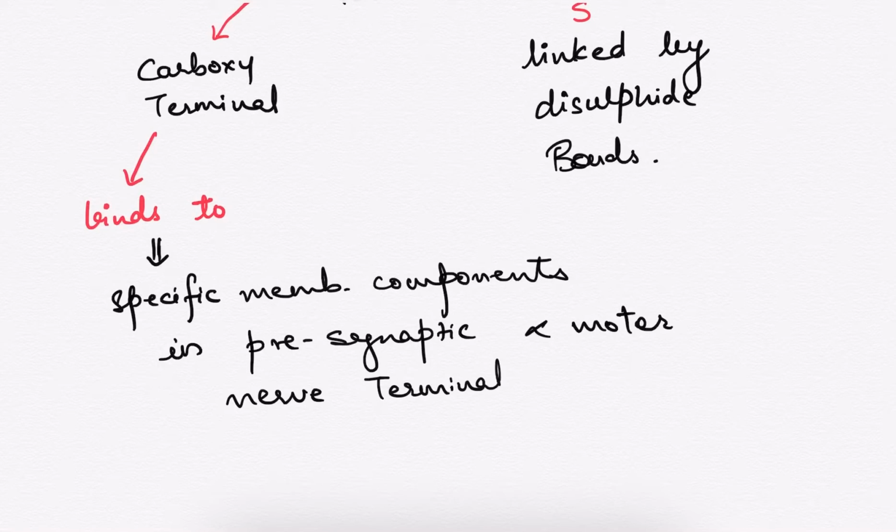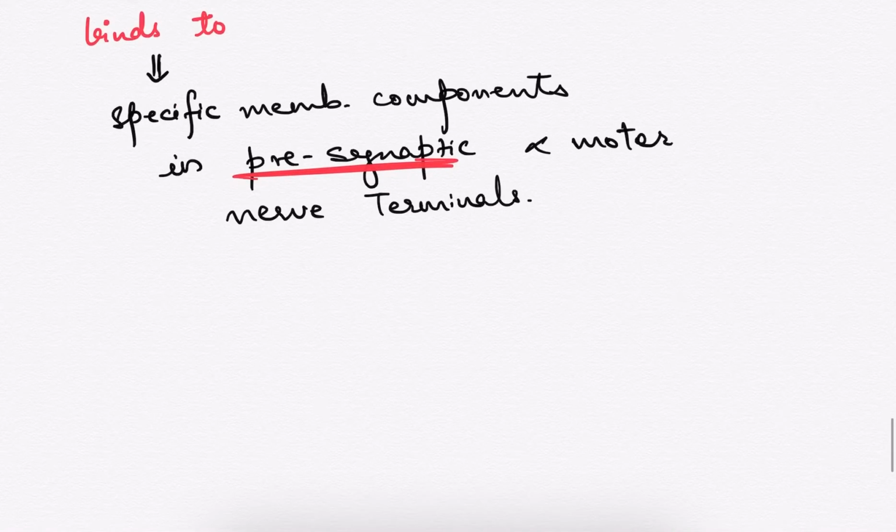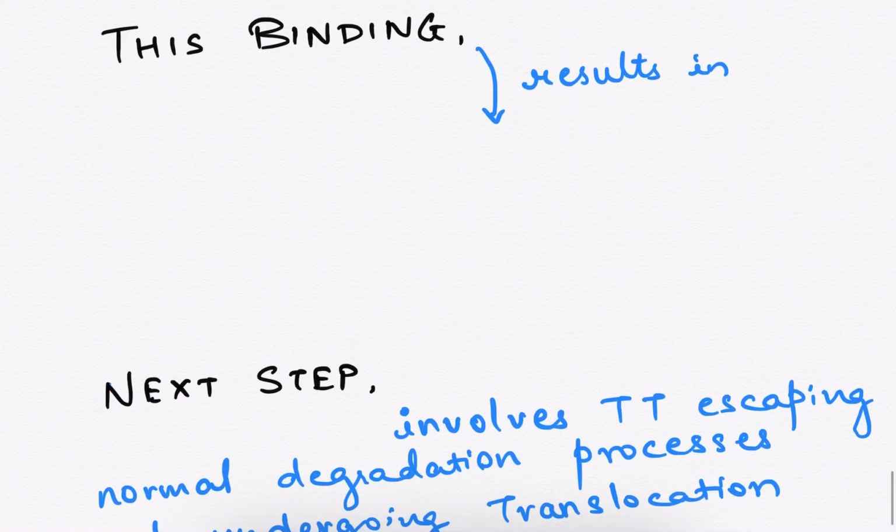Here the presynaptic site is the most important for tetanus toxin. Now moving to the next, this binding results in toxin internalization.